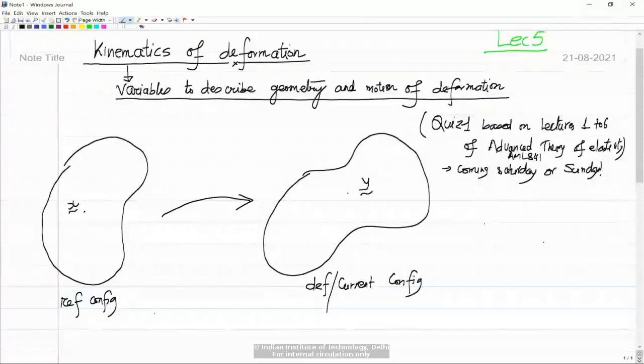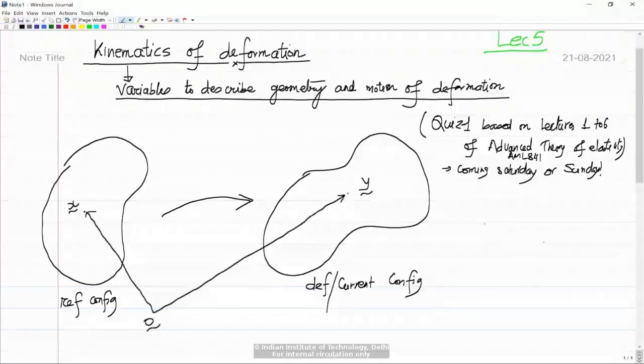And these x and y would be measured relative to some point O, which could be the origin of a coordinate system or any other arbitrary set point. Okay, usually it's the origin of a coordinate system. So this becomes the position vector of x, and this is of y.